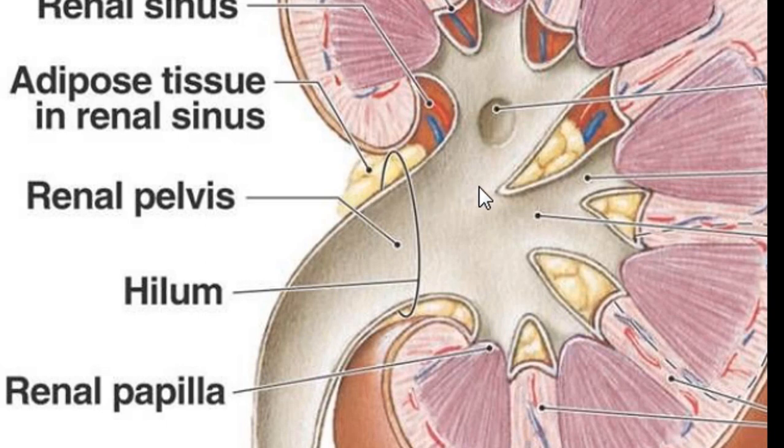So this is the renal pelvis, with almost 3 major calyces. This is one of the major calyces, which has 1 to 4 minor calyces.